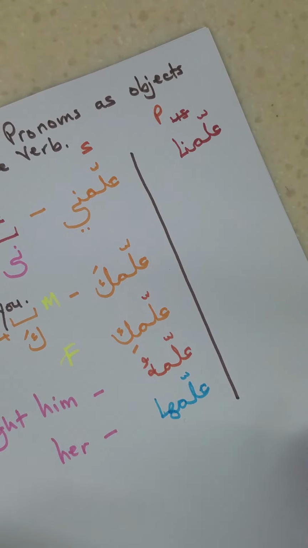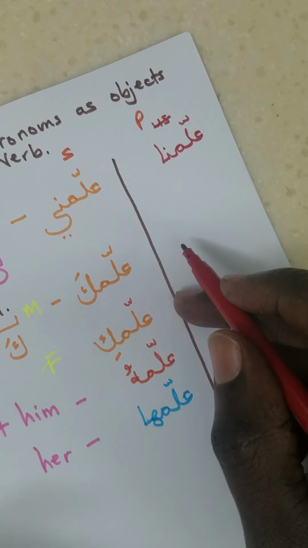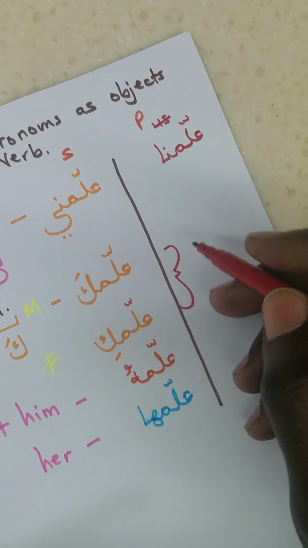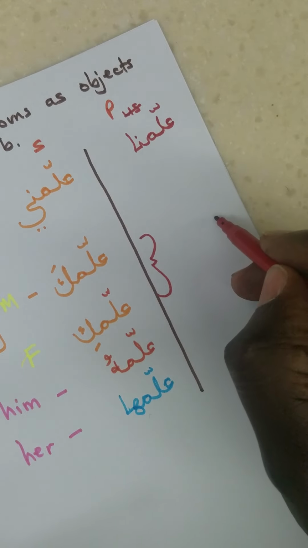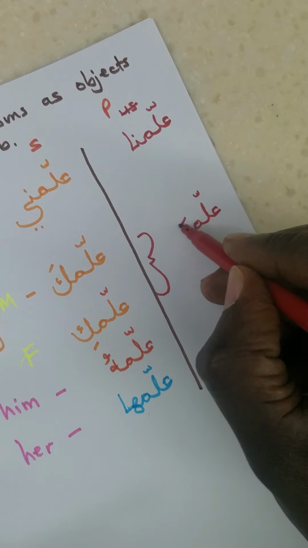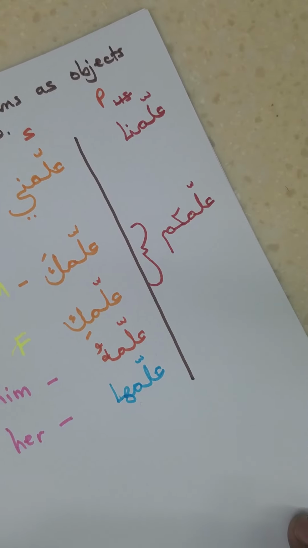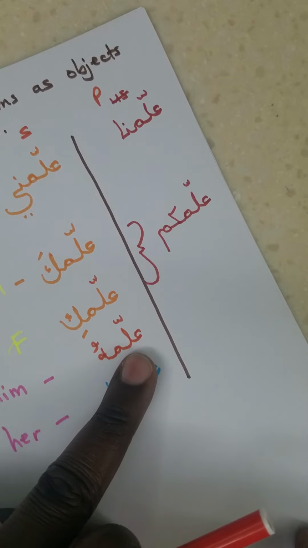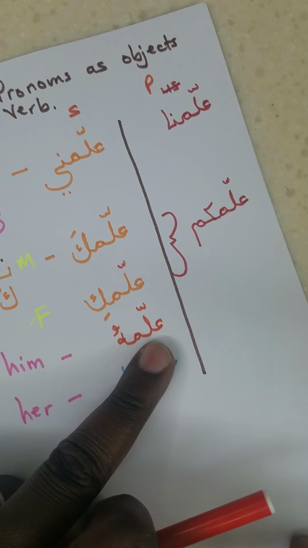Okay. He taught you plural. Now, I want you to look at this. Both masculine and feminine, we are going to add kum. So we shall have allamakum. And for him, allamahu, they will be allamahum.